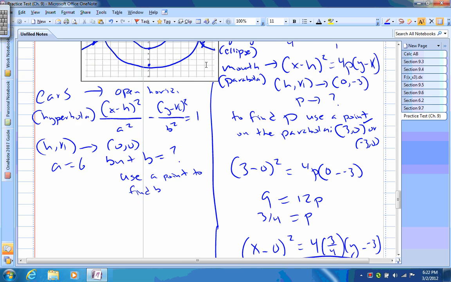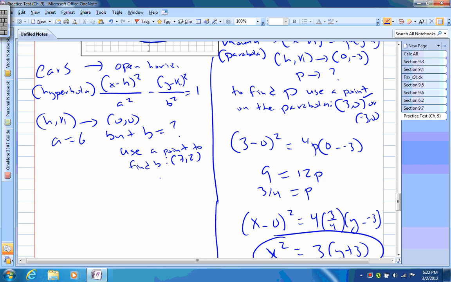If I use 7 comma 2, again, the center is at 0, 0, so you have x squared over a squared minus y squared over b squared. So let's plug in x, y, and a.